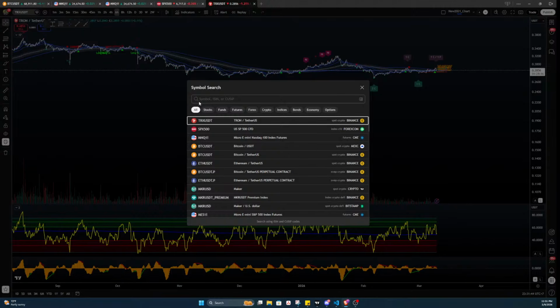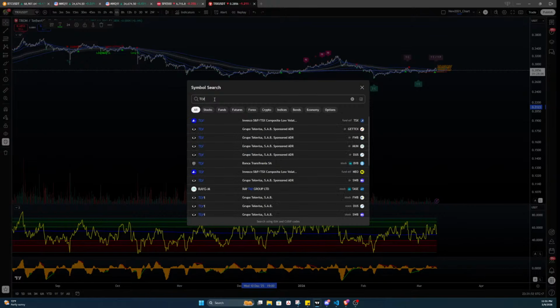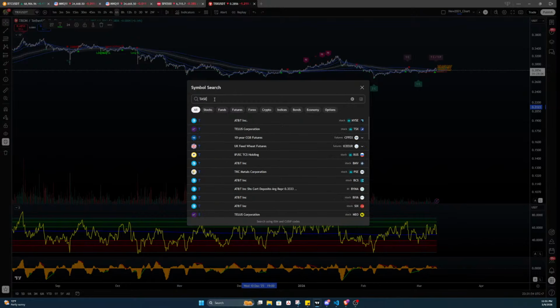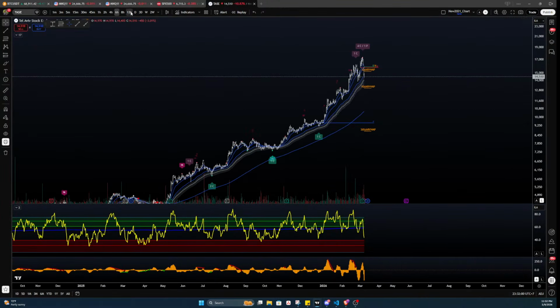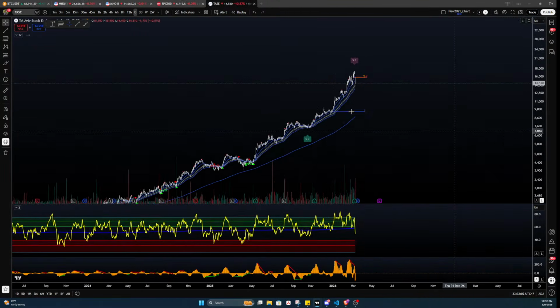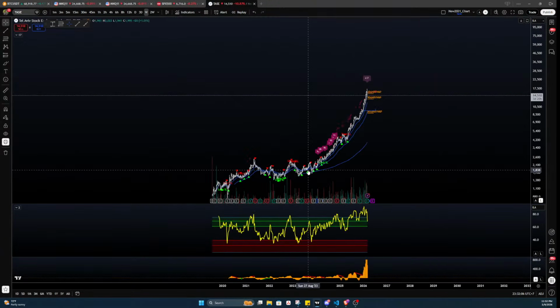I don't even know how most people watching this would trade it, but we can. Tel Aviv Stock Exchange. Here we go. Look at this thing. Up only. What the hell?